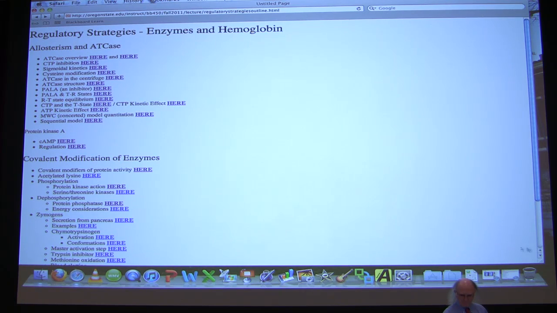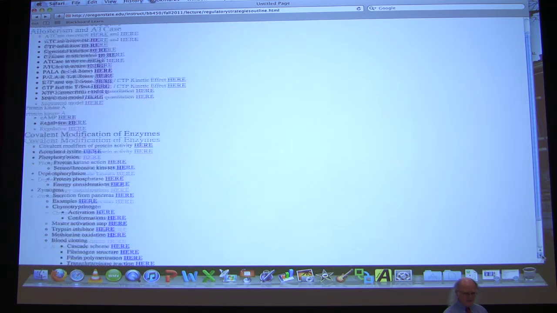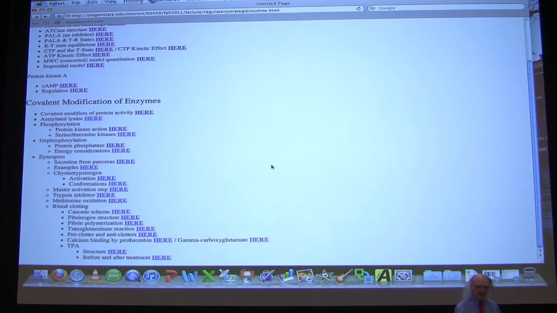So, phosphorylation is important. Dephosphorylation is important. Let's now think of some other covalent modifications. So I've already alluded to the fact that breaking peptide bonds is a covalent modification.